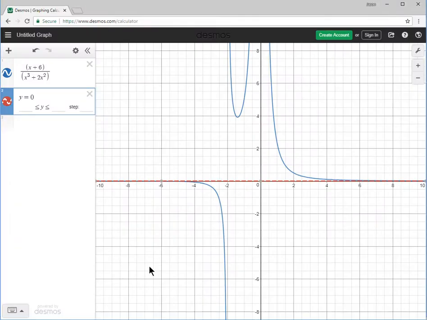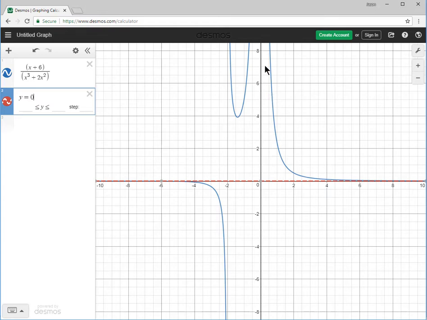And for this one, we're just going to look at the horizontal. Okay, so the degree up here is 1 and the degree here is 3. So the degree of the numerator is less than the denominator. So my horizontal asymptote is the x-axis, or y equals 0, and that is illustrated by the red dotted line that goes through there.